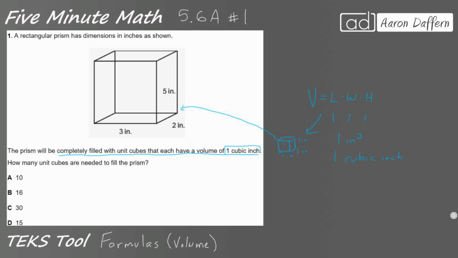So if we were to stack those, how many of those unit cubes would we need to fill up the entire rectangular prism? Right? Well, we can visualize this if we think, all right, so if there are 3 inches across and 2 inches back, I want to draw kind of like the bottom layer.